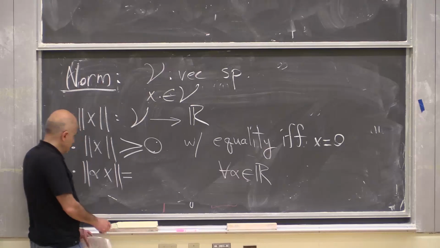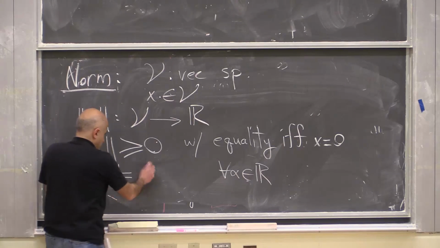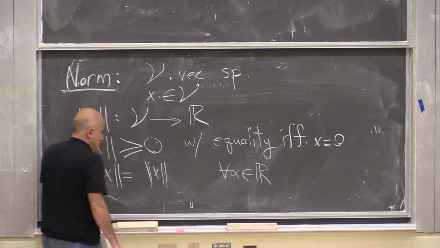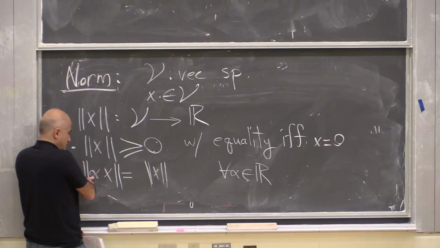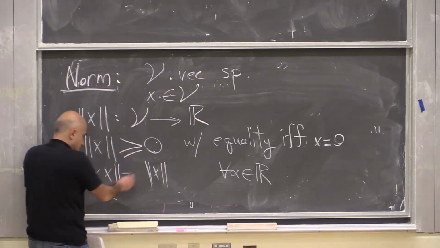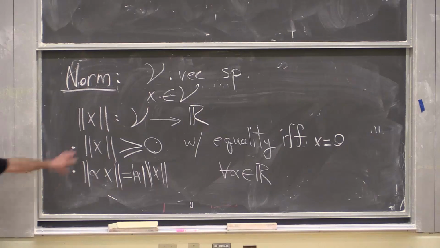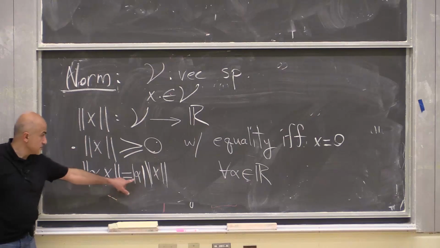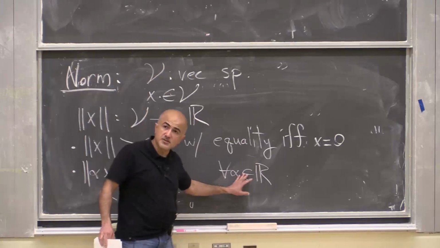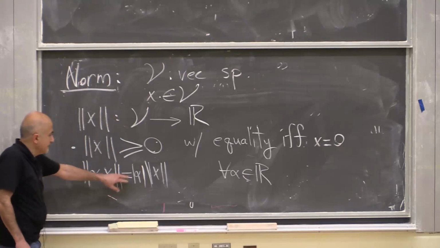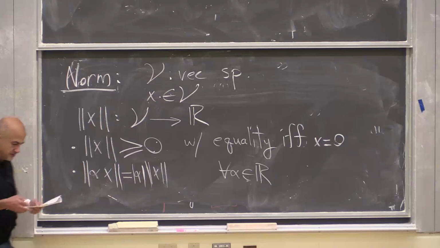Alpha times the norm, the absolute value of alpha. It can't be just alpha, because remember, the first property says you have to have a non-negative quantity. So alpha can be an arbitrary real number, so it can be negative. And to account for that, we put an absolute value sign here.